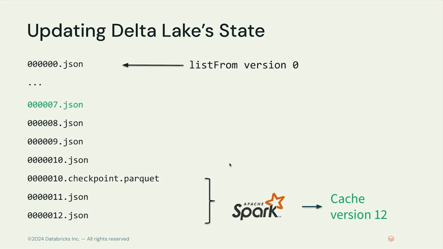And it allows you to really compress the amount of data, really reduce the size of the data. So these checkpoints add the ability to scale even further. So when we did that update with the checkpoint, we'll read the latest checkpoint. And instead of replaying everything, we just take the checkpoint and the next 2 files. And in this case, we'll generate that table state and cache the data.